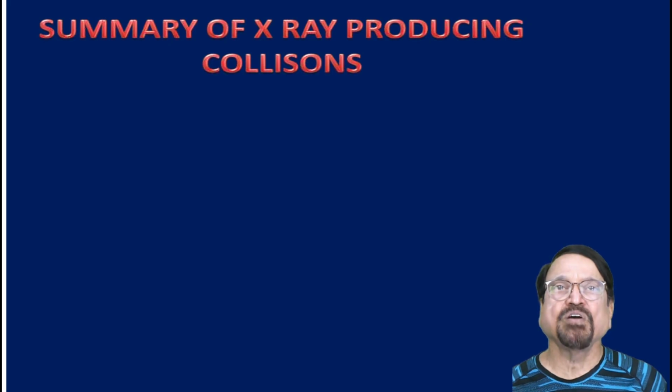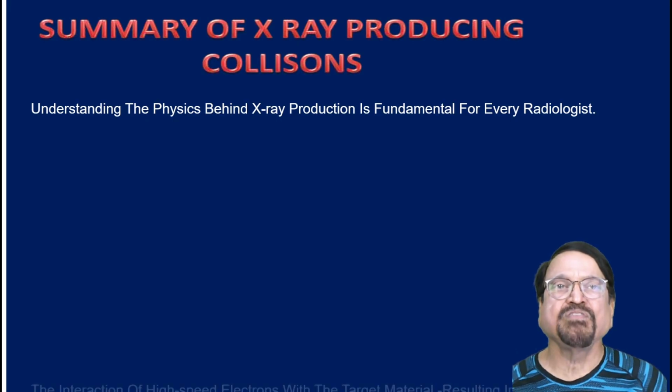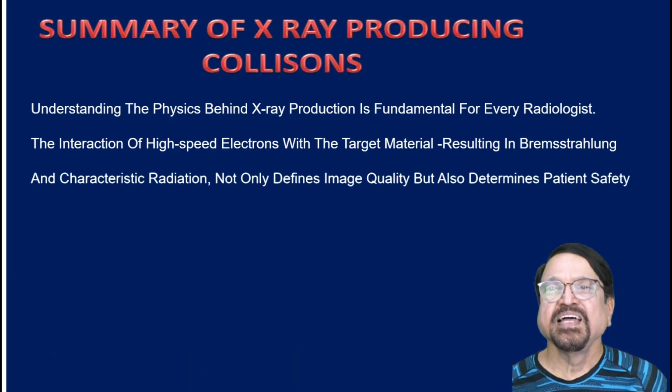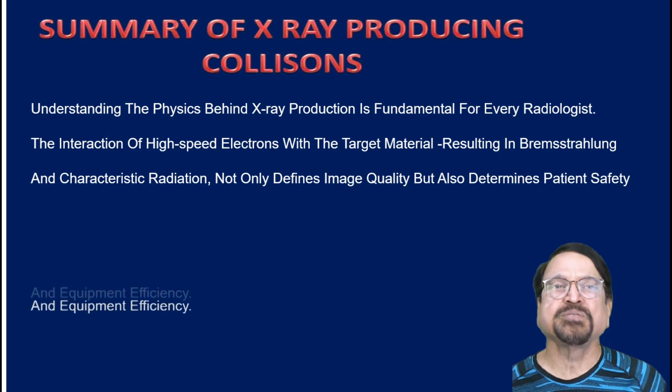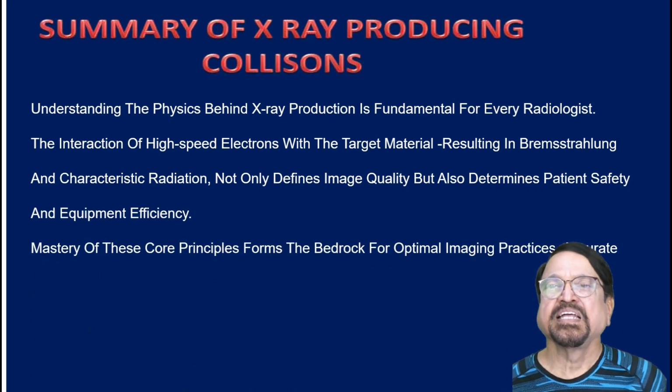Now what is the summary of the X-ray production collision? Understanding the physics behind X-ray production is fundamental for every radiologist. The interaction of high-speed electrons with the target material resulting in Bremsstrahlung and characteristic radiation not only defines image quality but also determines patient safety and equipment efficiency.